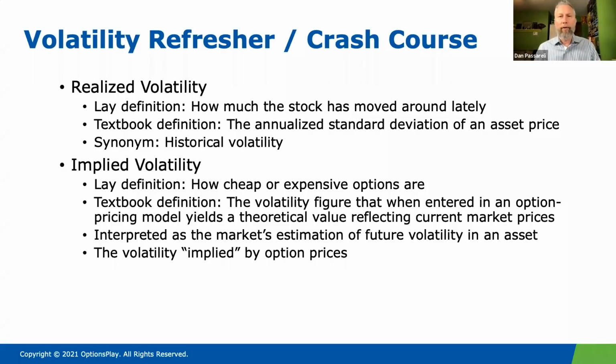That doesn't really work for things like trading. We've got to put a number on it. So what we use is the annualized standard deviation of the last typically 30 days of that stock. Basically, we take the last 30 or so closing prices, find the standard deviation, and then annualize that.